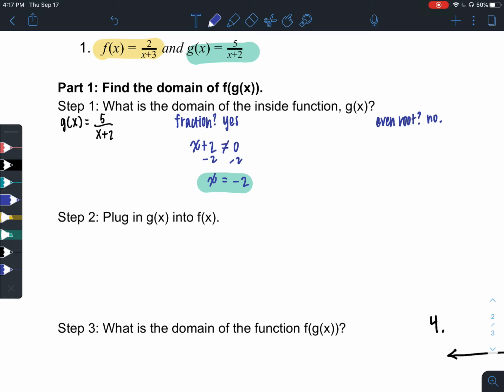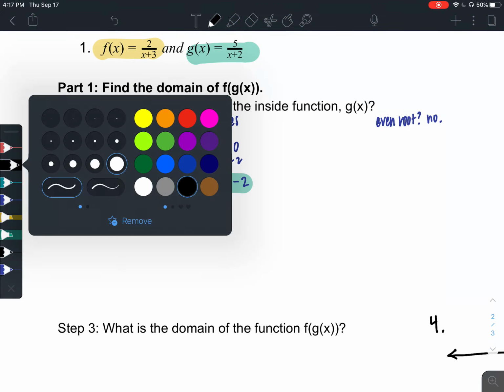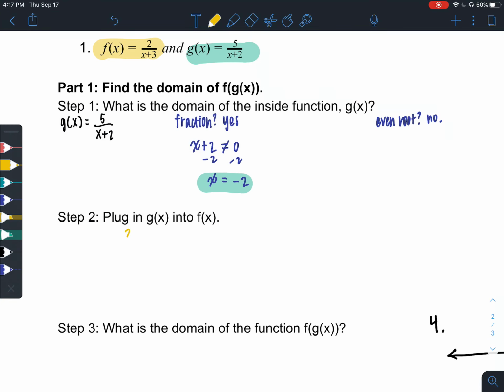Next up, we're going to plug g of x into f of x. So I'm going to go ahead and color code this so we can see f of x is our outer function. So f of x is equal to 2 over x plus 3. And then g of x is equal to 5 over x plus 2.